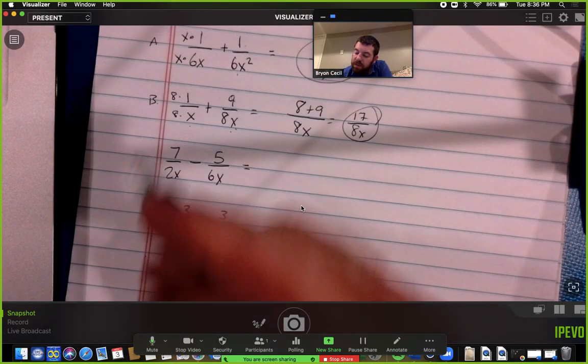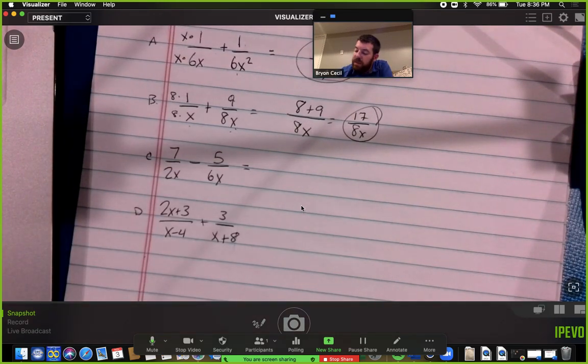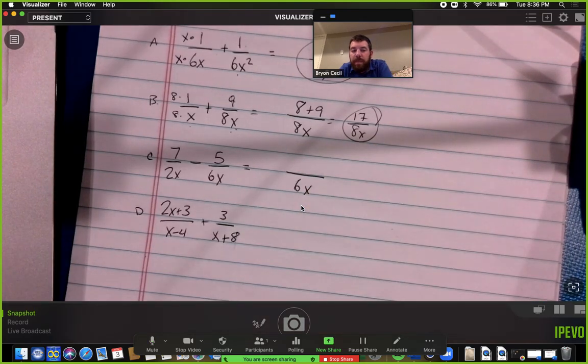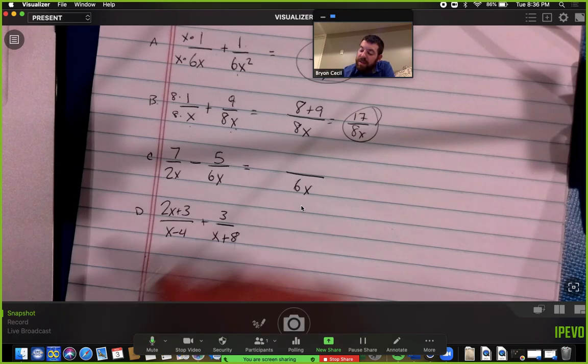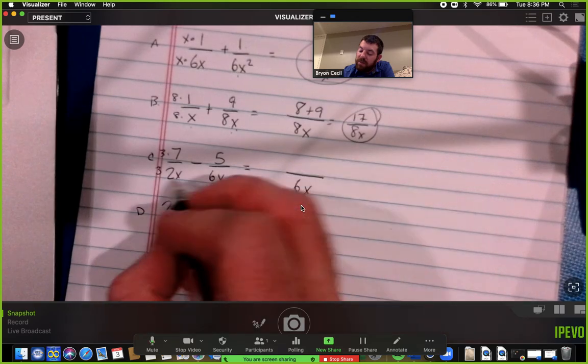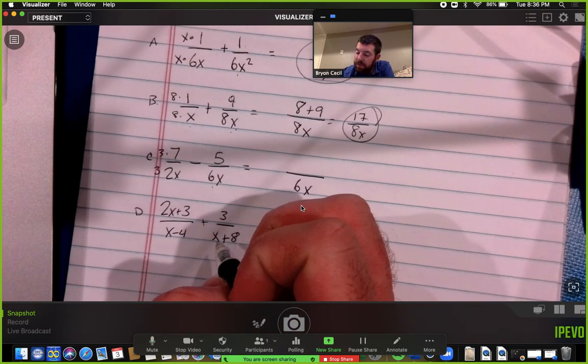All right, now that I've got these written down, let's attack them. Let's call this C here, and we'll call that D. So on C, we said that 6x was our least common denominator. And so the 2x, I would need to multiply that by a 3 to get 6x. And so now my bases are the same. So I'm going to go 3 times 7 is 21.